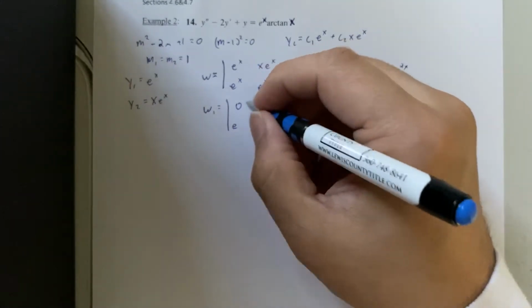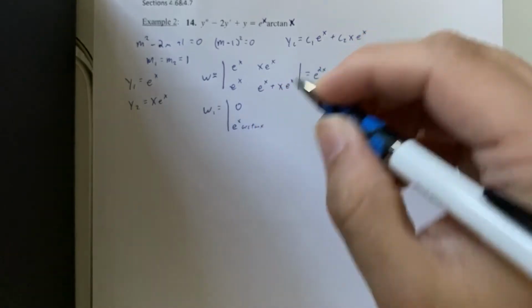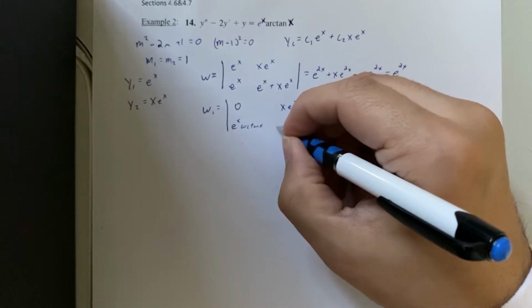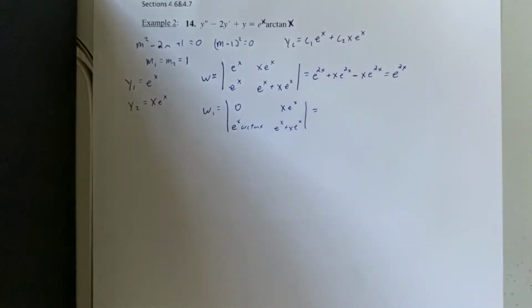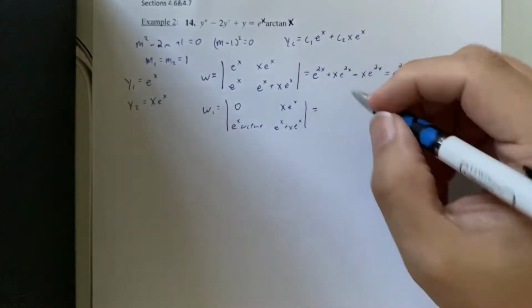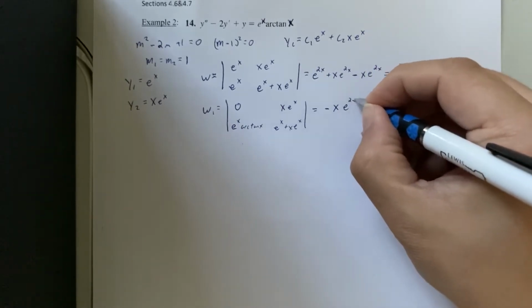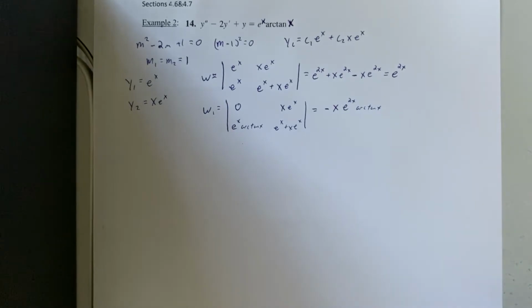So I get e to the x arc tangent of x, and then x e to the x times e to the x plus x e to the x. When I do the Wronskian here, the first part's going to cancel out, so it's just minus x e to the 2x arc tangent of x.